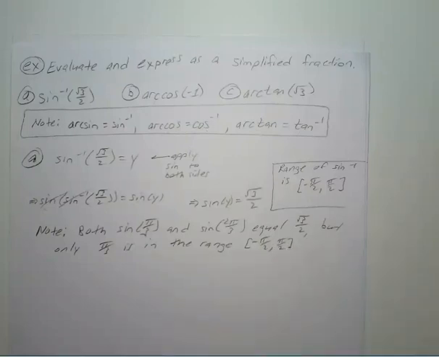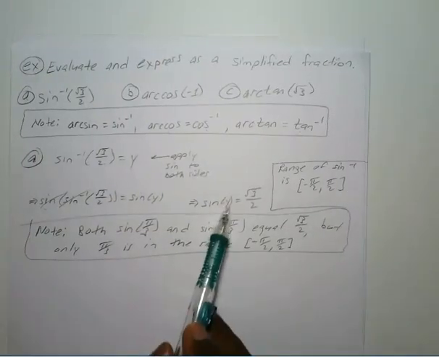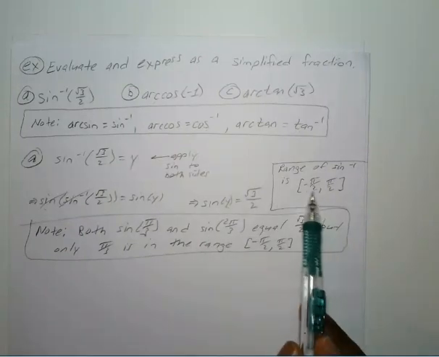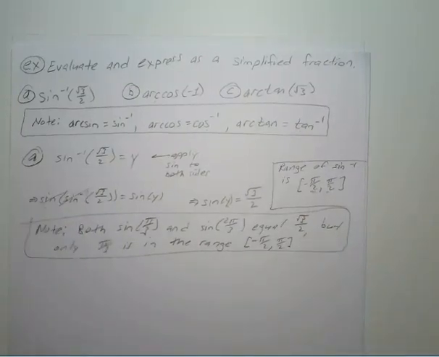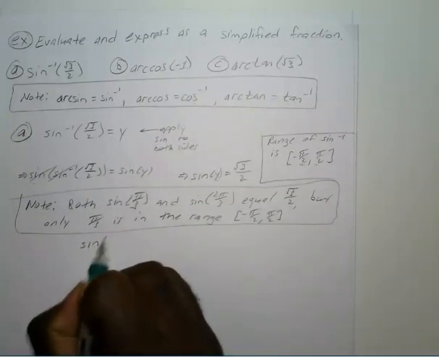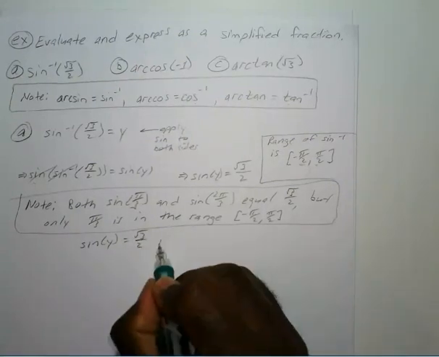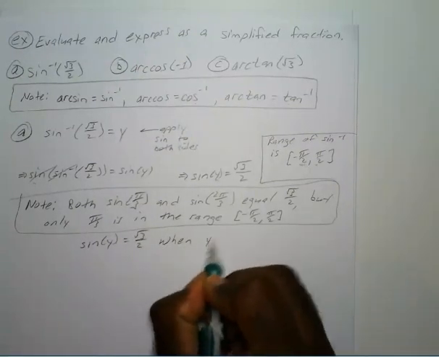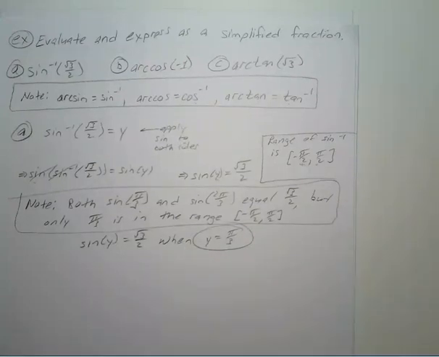So even though multiple values of y can make that true, only one will be within that range. So we know that if sine of y equals square root of 3 over 2, that's when y is equal to pi over 3.